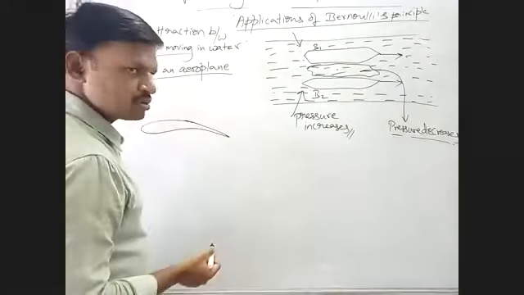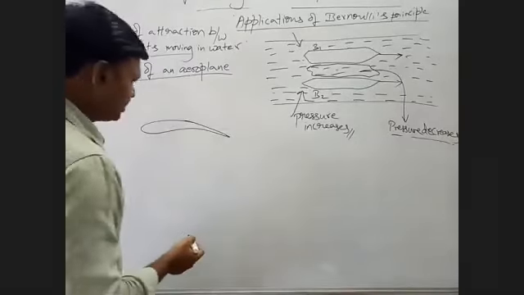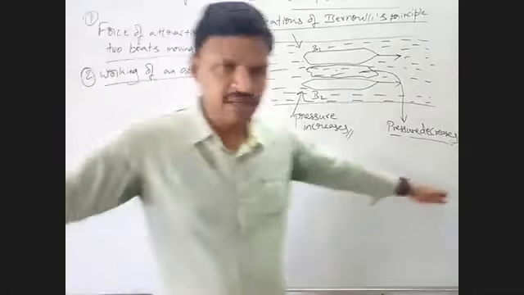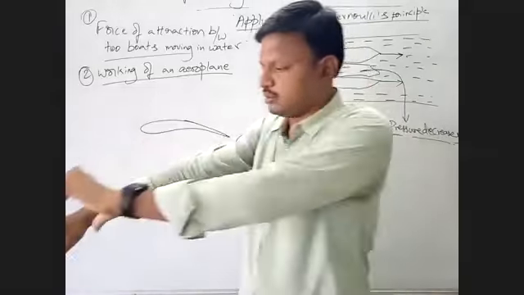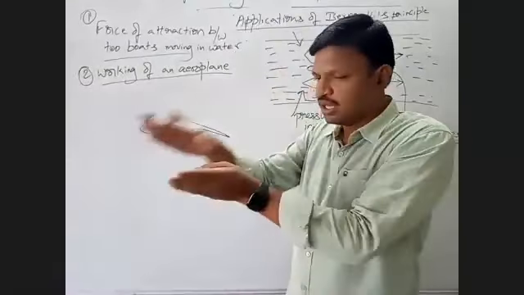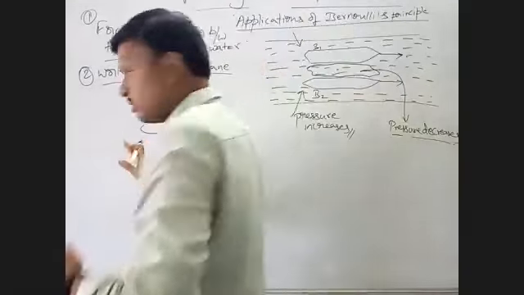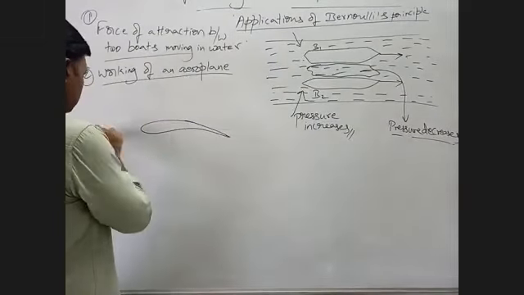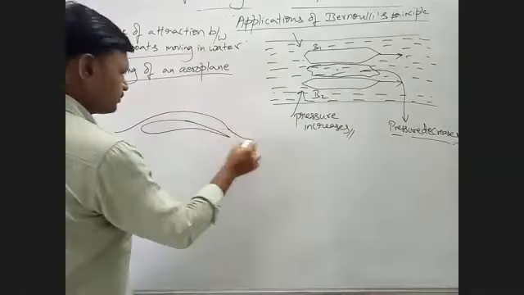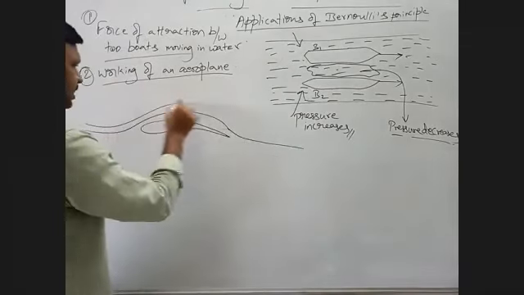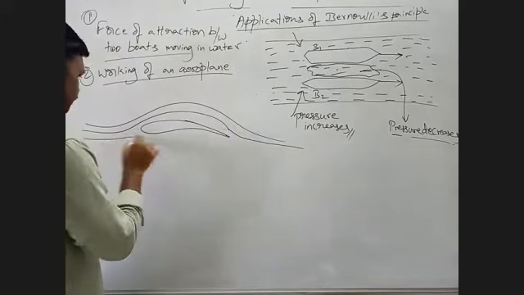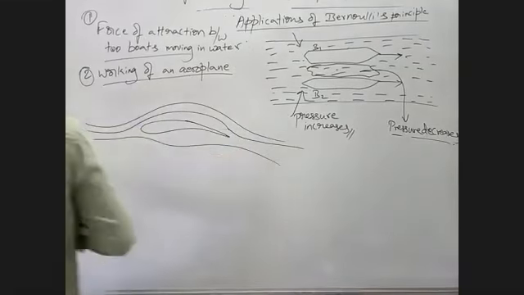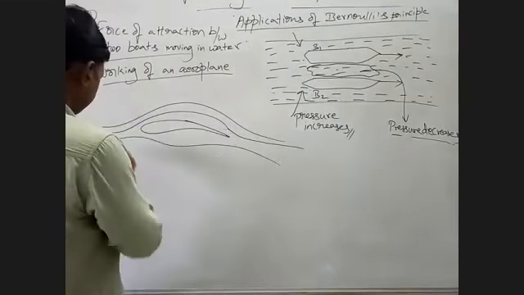If you see the wings of the aeroplane, they will be like this. Suppose you think that this is the wing of the aeroplane, and I have drawn a cross section. In the front part there is the blunt part, and now the air is flowing above the wing like this.